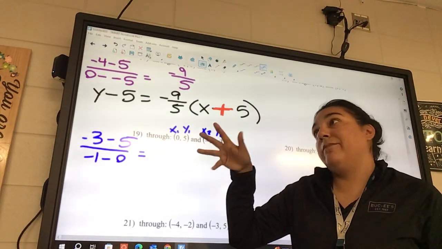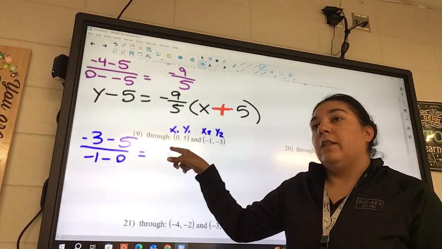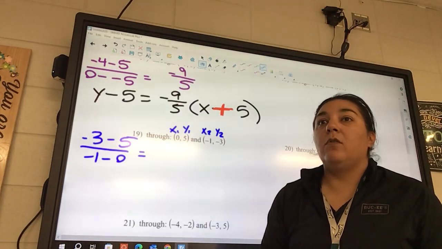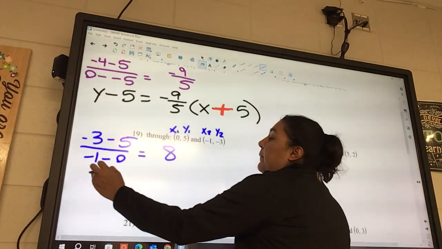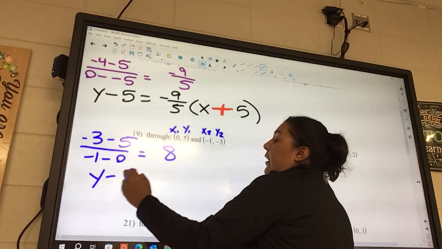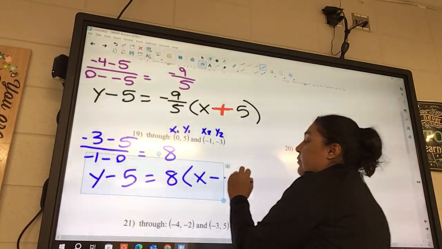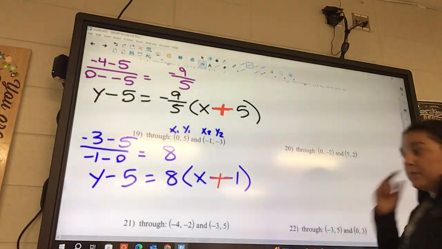We're only on step 2, there's actually between 3 and 8 steps. If you get step 1 wrong, literally everything below it is gonna be wrong by a drastic amount. So it's almost better to just do it on the calculator and make sure that it's right. Okay, so y minus 5 equals 8, x minus x1, which is negative 1. So we're gonna change that into a plus.